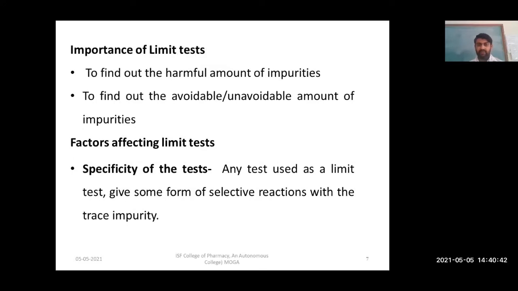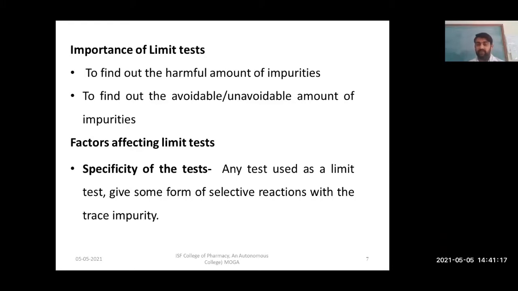Next slide, what is the importance of limit test? They have great importance. First, they help us to identify the harmful amount of impurities. Although we cannot quantify the impurity, we are able to say whether that impurity, which may be iron, copper, zinc, cadmium, arsenic, lead, or chloride or sulfate impurity, is within limit or beyond the limit.